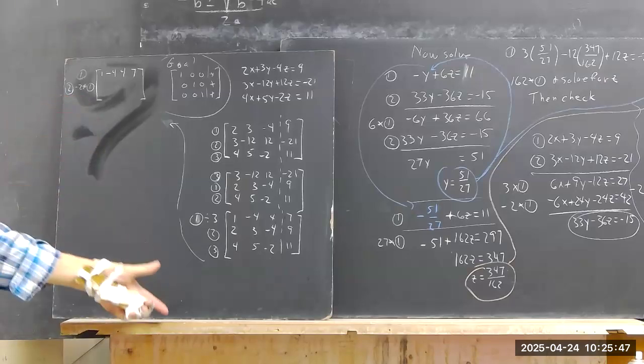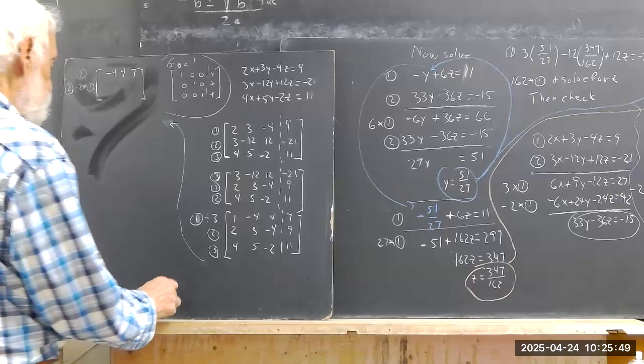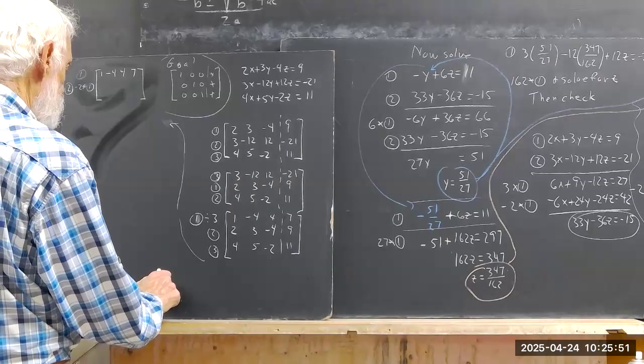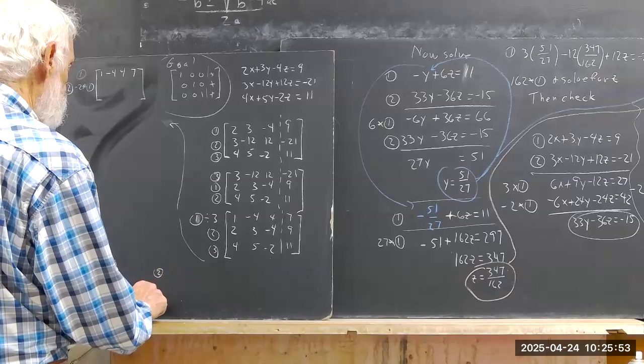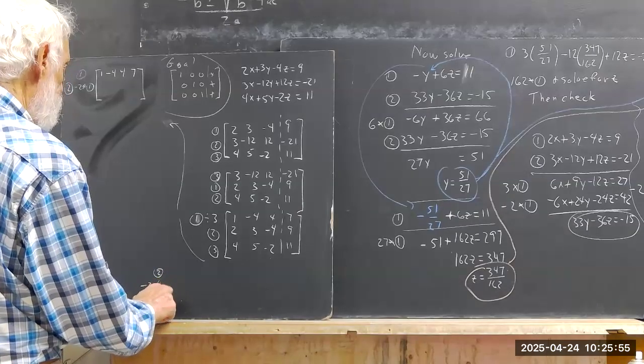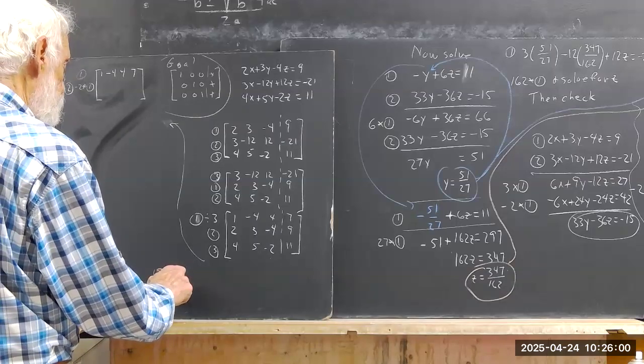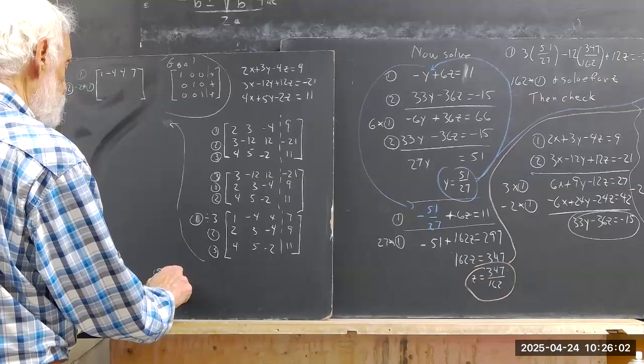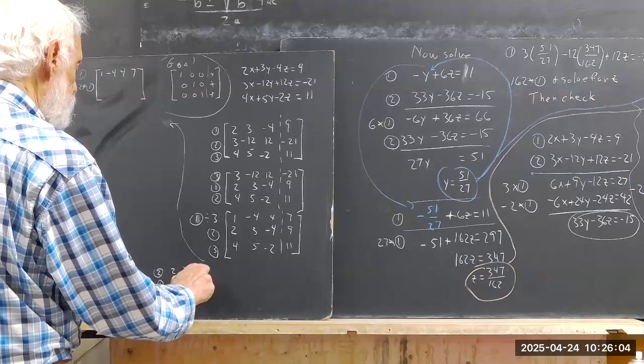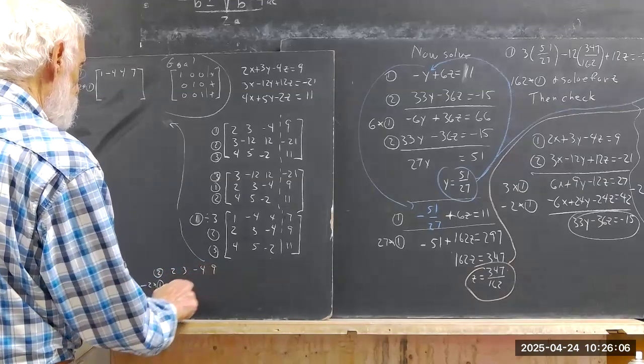I do all that off to the side. Minus 2 times row 1. Row 2 is 2, 3, -4, 9.